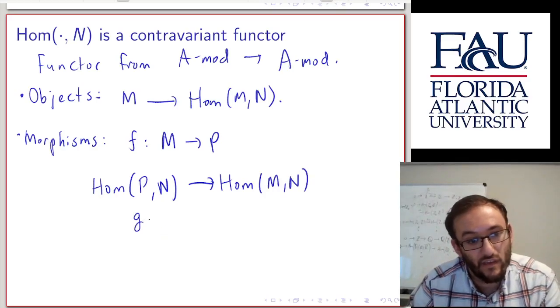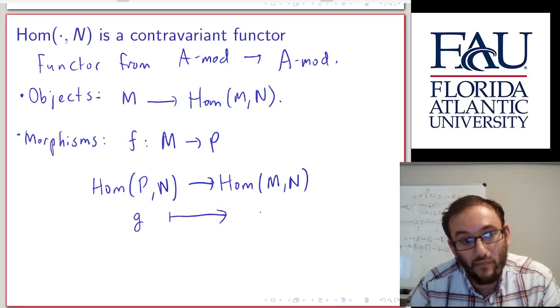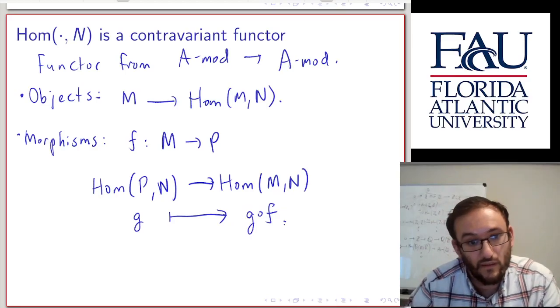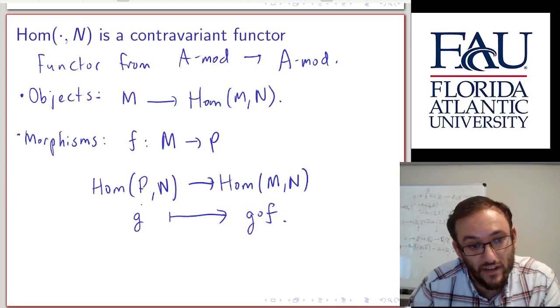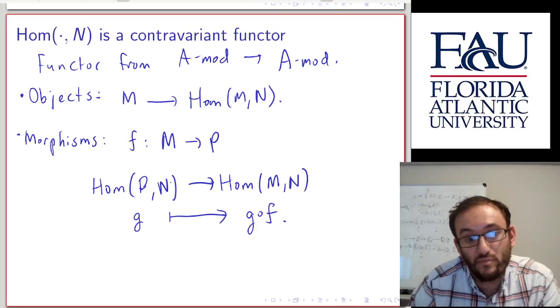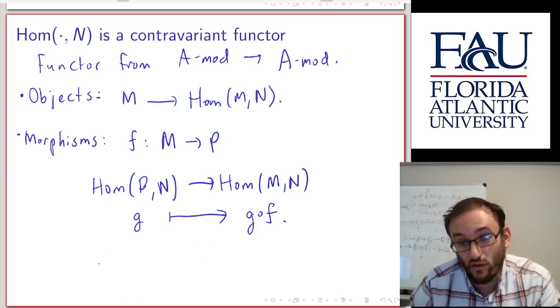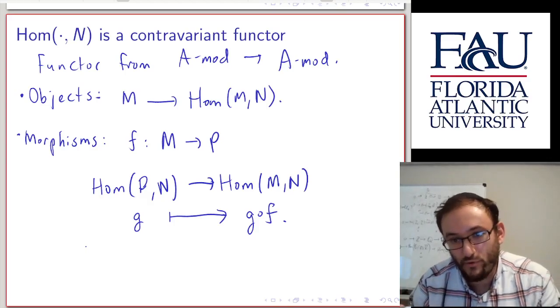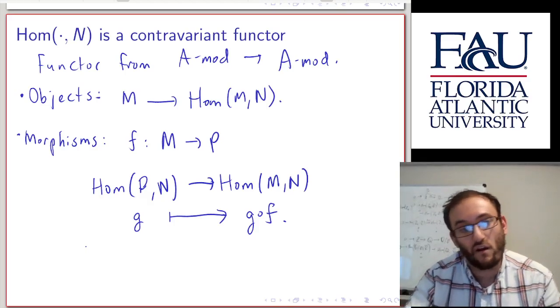Well, a map g here gets sent to a map that's precomposed with f. So first you do f to send M to P, and then you do g. And since the arrow switches direction, now instead of M to P you have P to M, this is called a contravariant functor. And again, you have to check that the properties of functors are satisfied, but indeed they are.